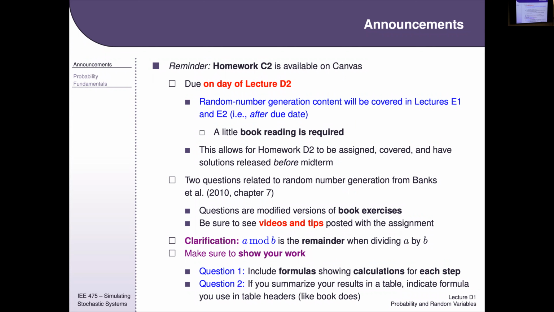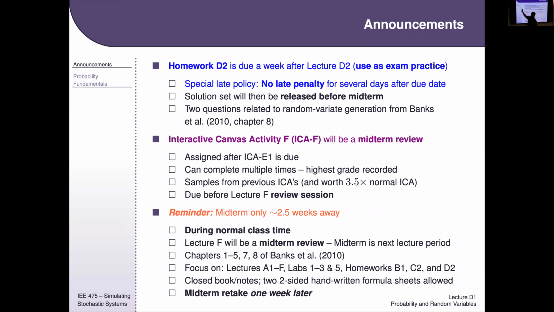Then, like I said, homework D2 is now available. There was an old version of D2 that I think accidentally became available a little bit early, but I've updated it for this semester. This one, again, just to make sure for the midterm, it's technically due on a particular day, but I'm going to effectively waive the late penalty for it.